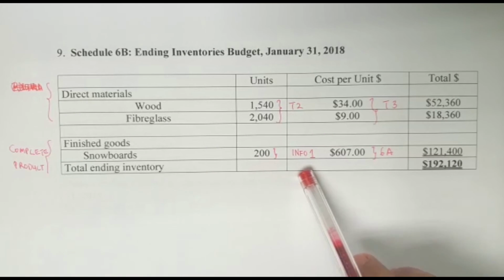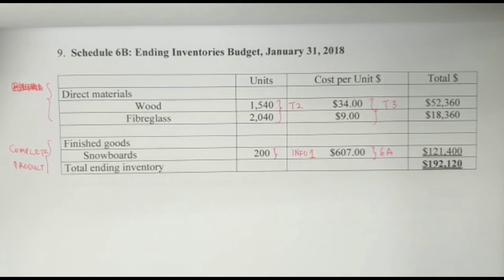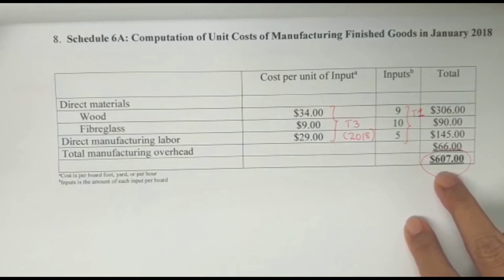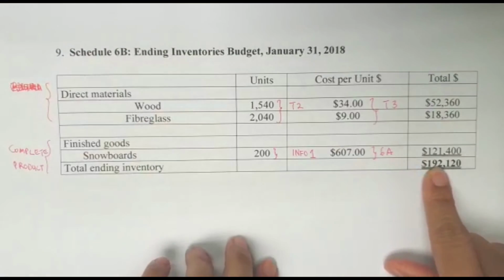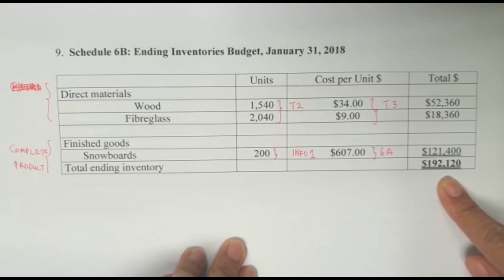I put it here with the price of 607. I got this price from 6A. From 6A we can get the total of 121,400, and if we add them all, we get 192,120.